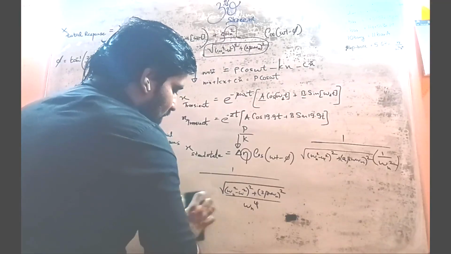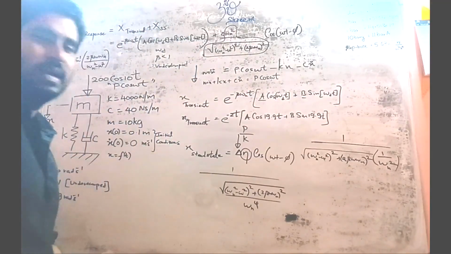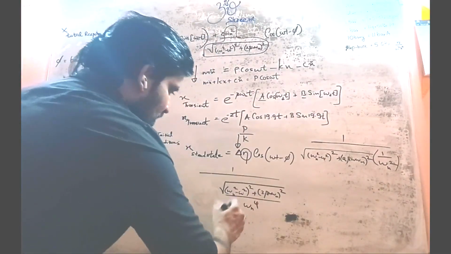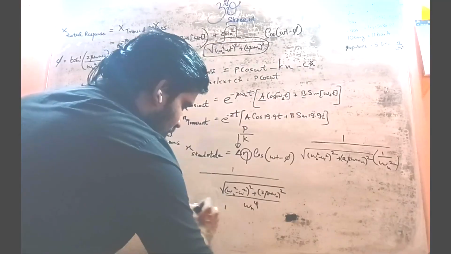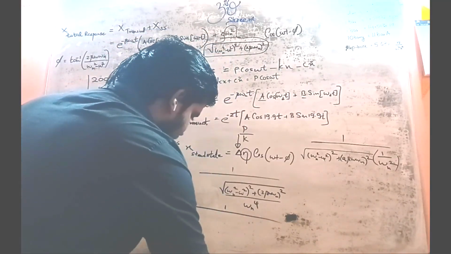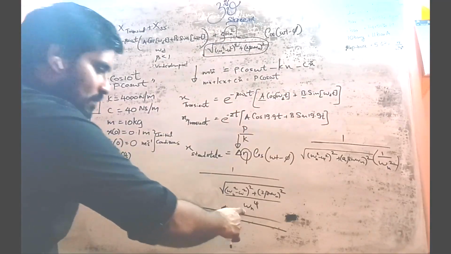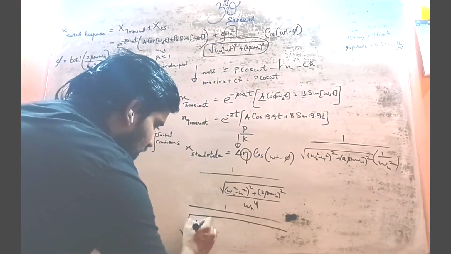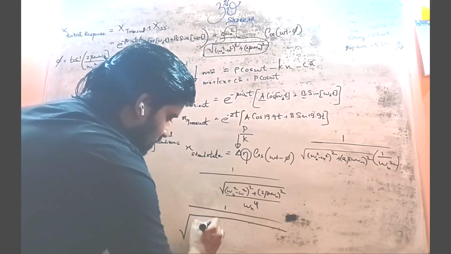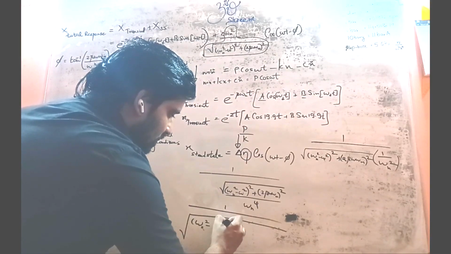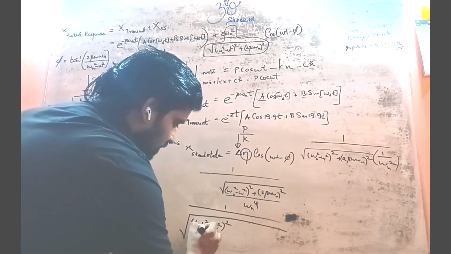I hope that part is clear. Now again, this omega n to the power 4 we can further simplify, because these steps are very important when it comes to the simplification.